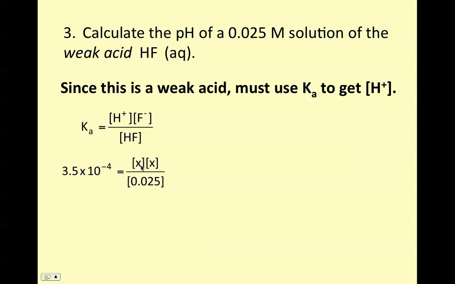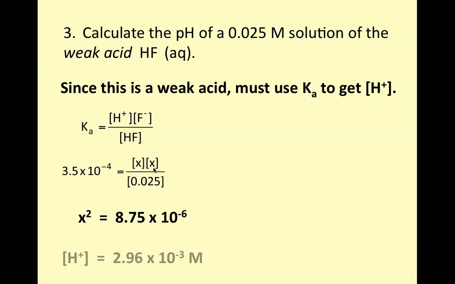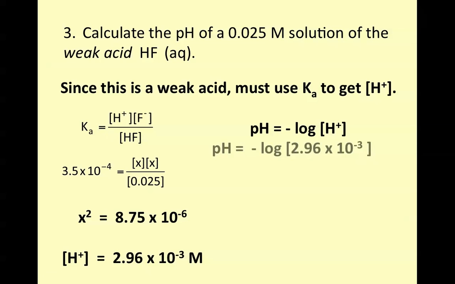We're plugging in X for each of those based on the ionization formula. And then we can determine that X, or the concentration of hydrogen ions, is 2.96 times 10 to the negative 3. Now I can take the negative log of that hydrogen ion concentration to determine that the pH of this weak acid is 2.53.